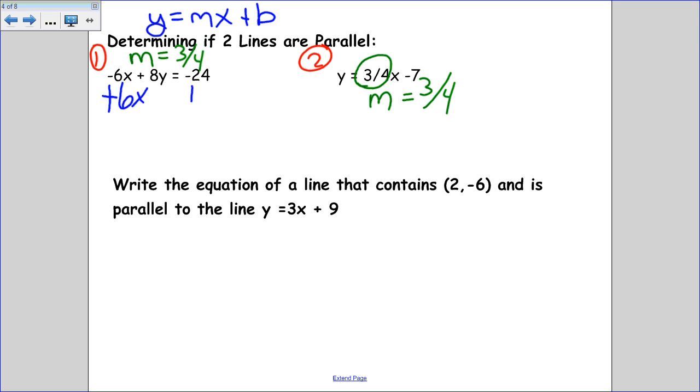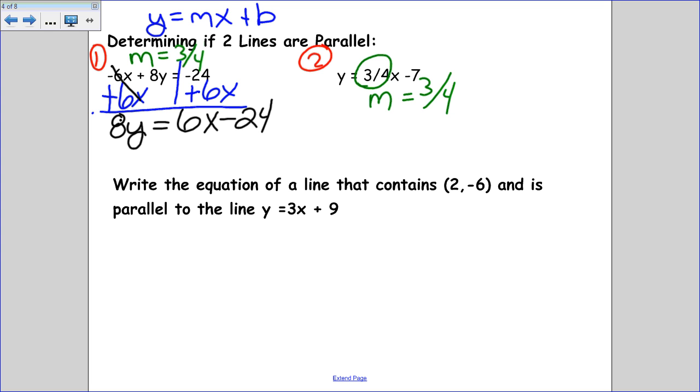If it's negative, I need to add it. Okay? And my new equation is 8y, because my negative 6x and positive 6x cancel, equals, and I'm going to write the 6x first here because it helps me see slope-intercept form better. So I'm going to say positive 6x minus 24.